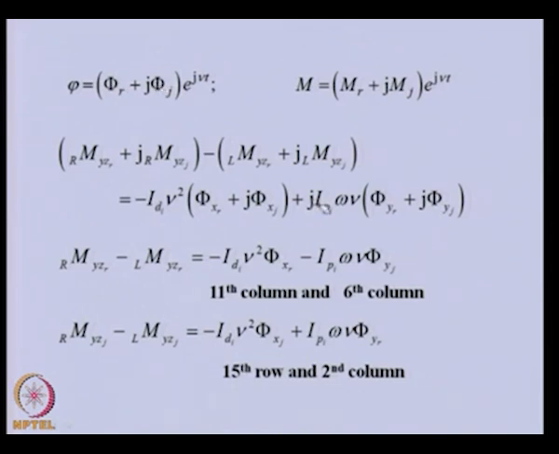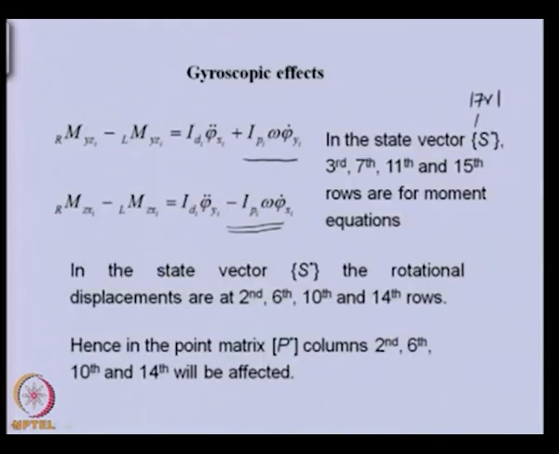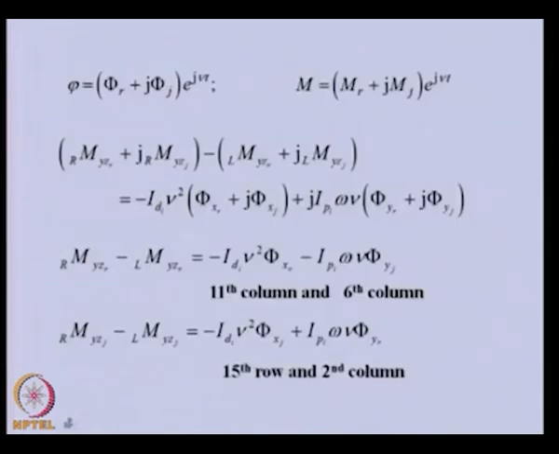The gyroscopic couple gives one term because it is a derivative with respect to time t only. When we differentiate this once, we get j nu. That is why this complex term comes here. This belongs to the gyroscopic couple in the yz plane.